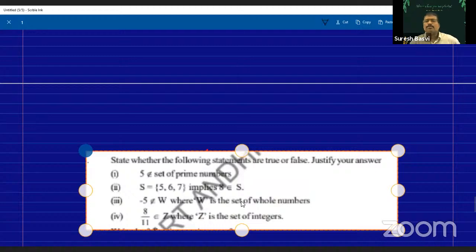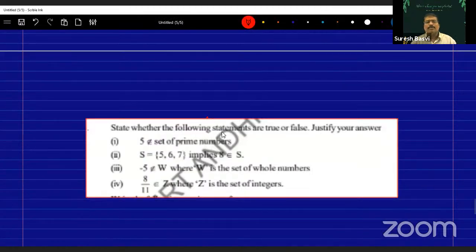True or false, just like that. Only true or false. If it is true, say T. If it is false, say F only. You can write just one.